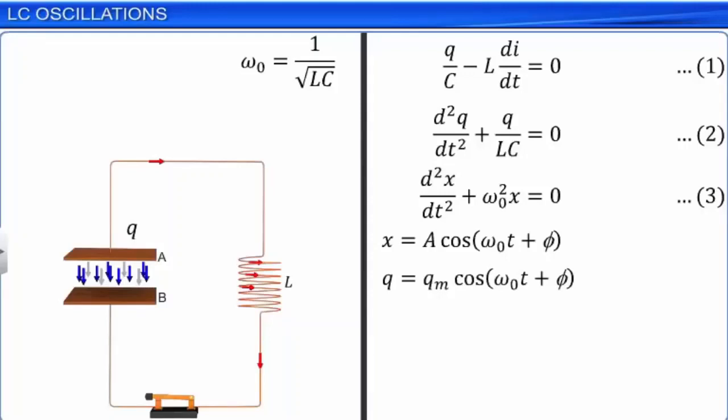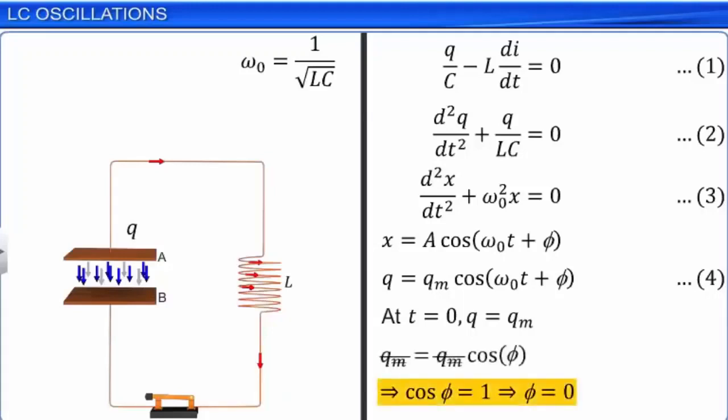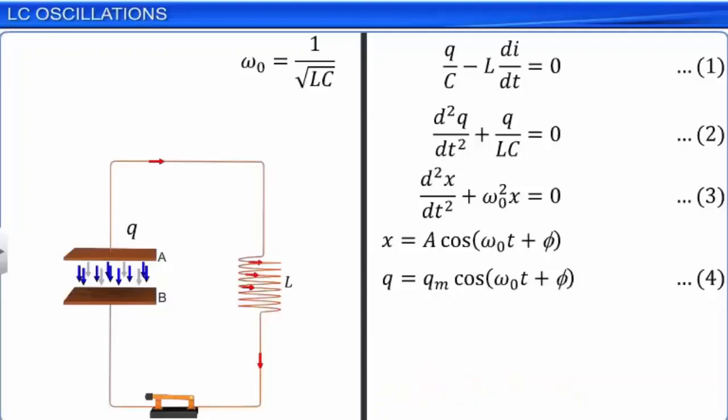At time t equal to 0, the charge q on the capacitor has the maximum value qm, which means that the value of cos phi has to be 1, and hence phi has to be 0. Hence, equation 4 now becomes q is equal to qm cos omega naught t. Let this be equation 5.